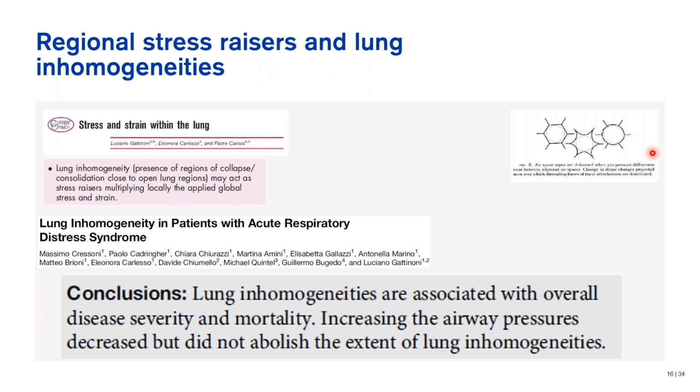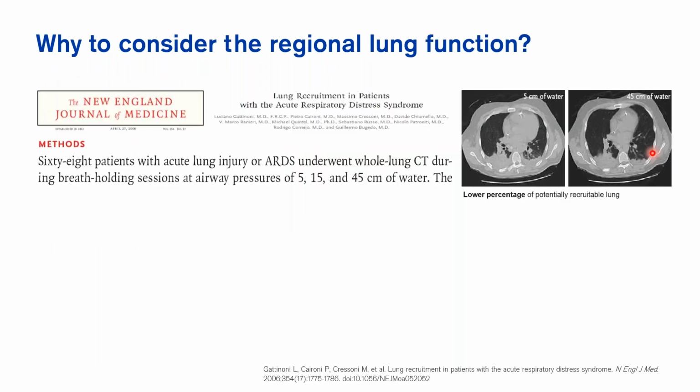So it's becoming extremely challenging to find the right ventilation strategy. It seems like we don't have one recipe for all patients, and every patient requires their own ventilation settings.